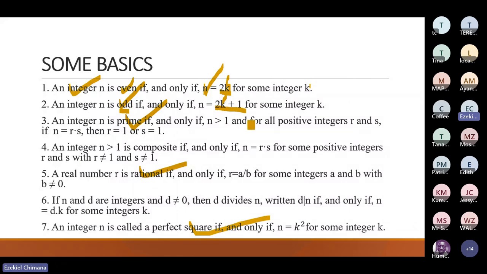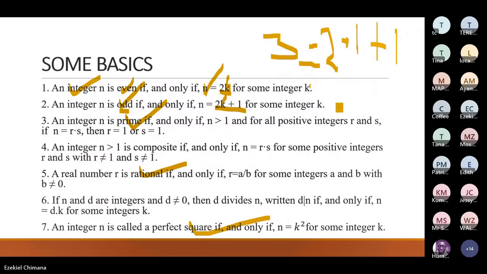So for it to be odd, you must always have 2k plus 1. For example, 3 is odd because we have 2 times k, which is 1, plus remainder 1. So our k will be 1. So 3 is odd because we can express it as 2k plus 1.